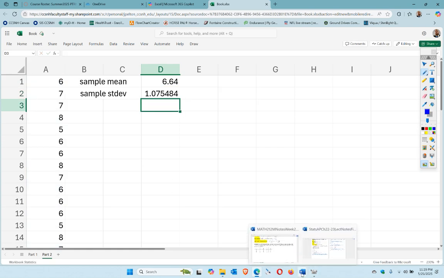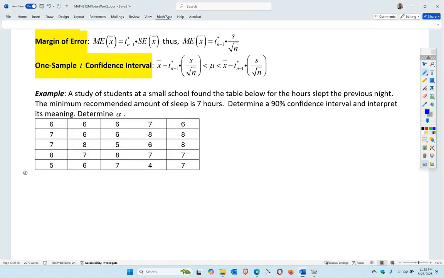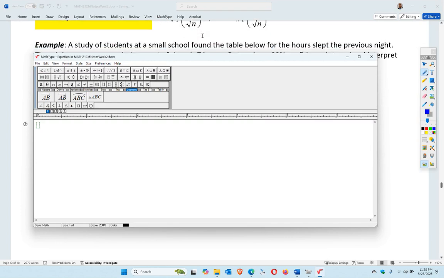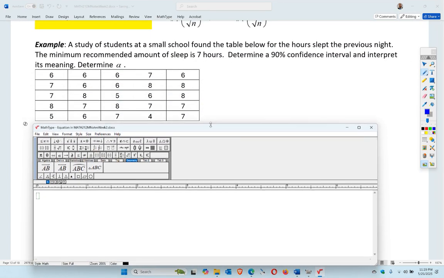Okay, so let's go back and start typing here. So the sample standard deviation was, well, that was approximate, obviously, 1.075, I believe. We'll look at that in a minute.